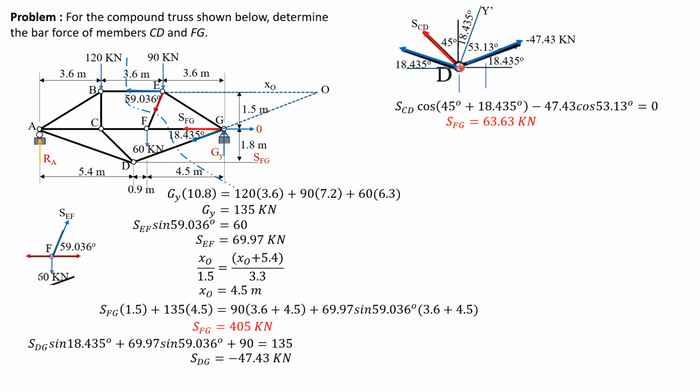So this is SAD. This is SDG, which is negative 47.43, and this is SCD.